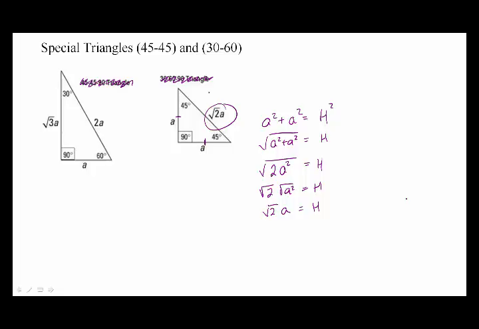So what would the answer be if they were 1? 45, right? It has to be 45 triangles. 1 and 1. We would get root 2. Because it's root 2 times 1, yes? A would be 1.